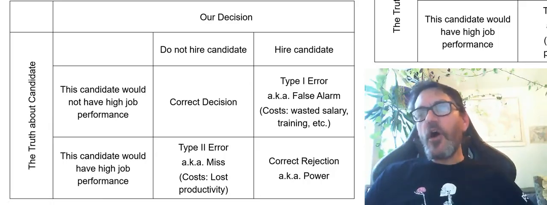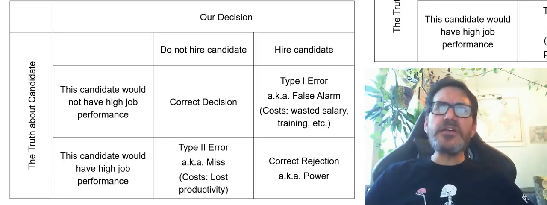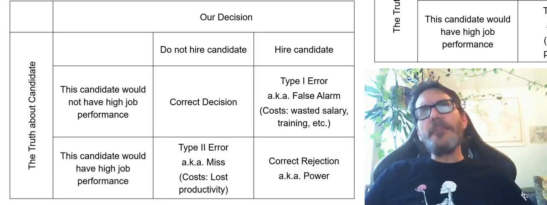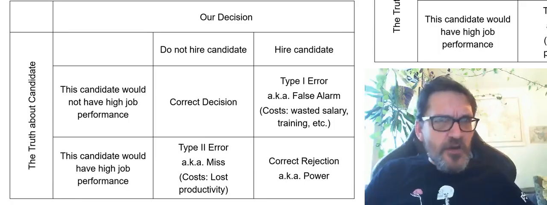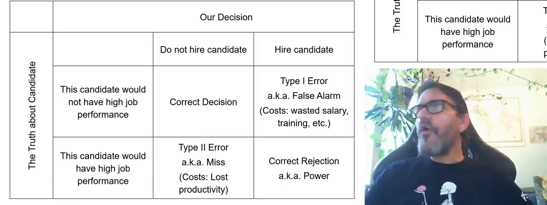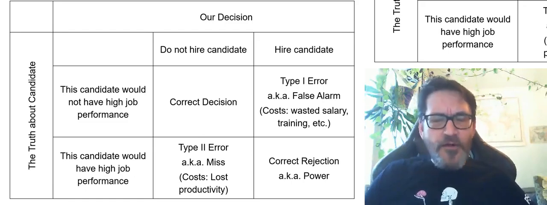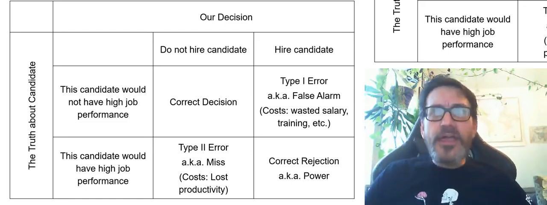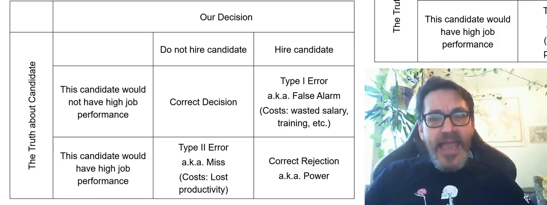And if you recall some of your background in your statistics class, what you find is that whenever you make a decision, whether you're doing statistical hypothesis testing and deciding whether or not to reject the null hypothesis, or a selection decision in hiring a new employee, you're going to make errors, and errors always come with costs.